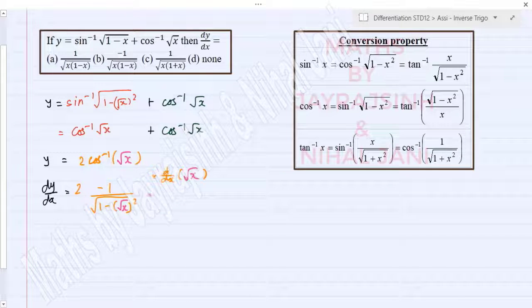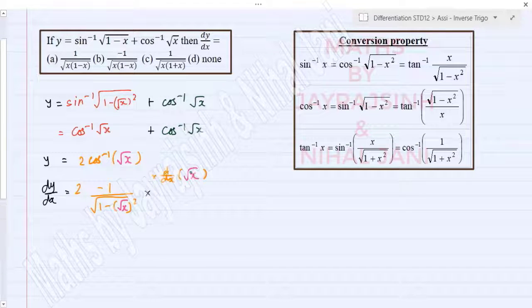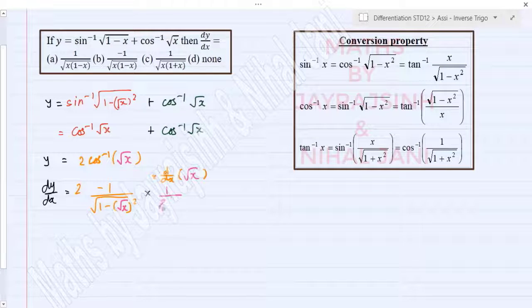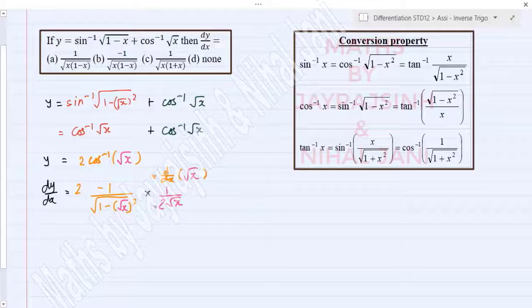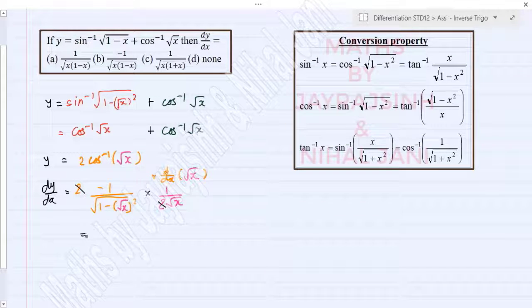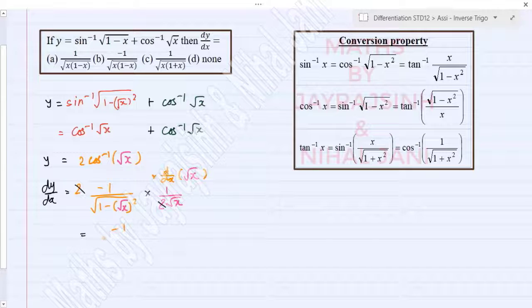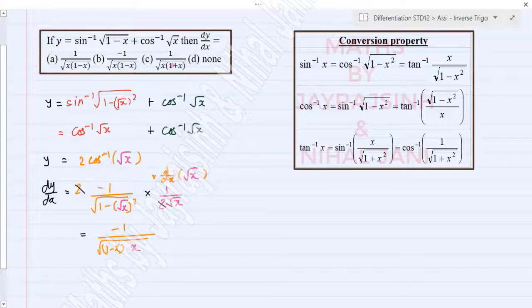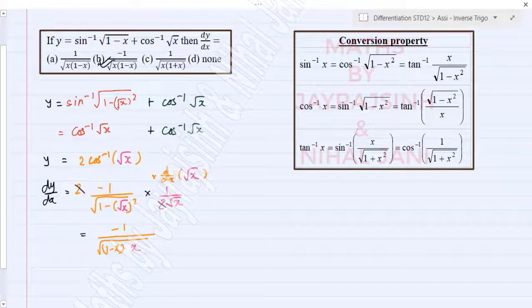Within the box we have root x. So simply we just have to multiply the differentiation of root x, which is 1 upon 2 root x. So for simplification, we can cancel out this 2 and we will get minus 1 upon under root of (1 minus x) and x, which is given in option B. Ta-da!